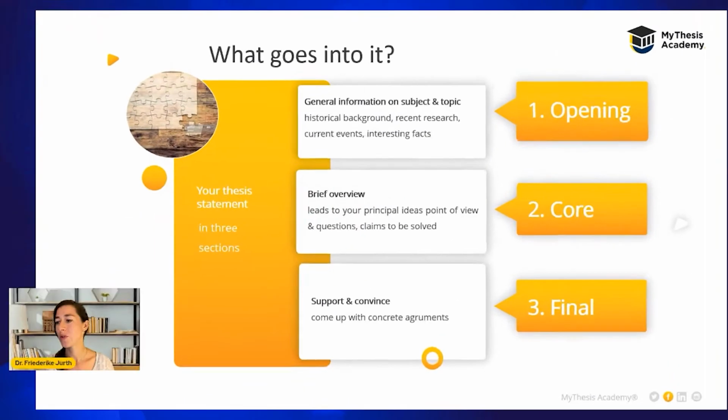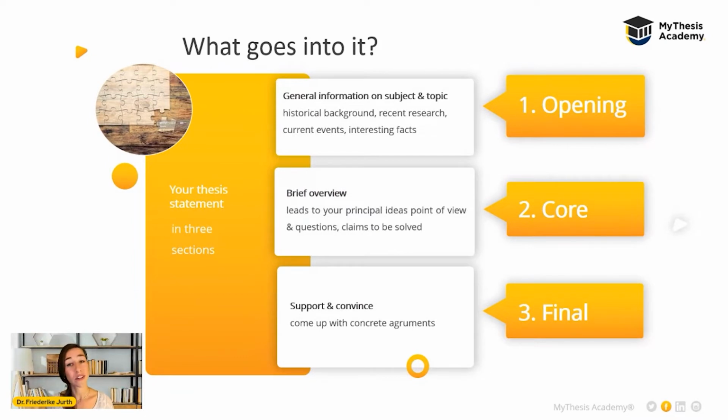Then we want to find out what goes into it. The thesis statement consists of 3 principal sections. First, the opening, where you provide some general information on the subject and on the topic, such as the historical background or some recent research. You can also provide some interesting facts.